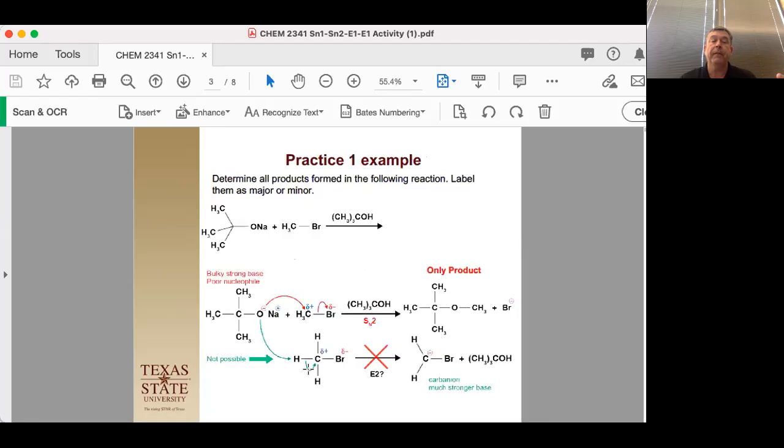This is what I want to see turned in: basically this drawing, where you show the nucleophile, the substrate, and your major and minor products. Once you do that, upload it to Canvas before midnight. If you have to leave early, that's fine, just get it done. If you weren't in class and you're looking at this later, just get it turned in by midnight.